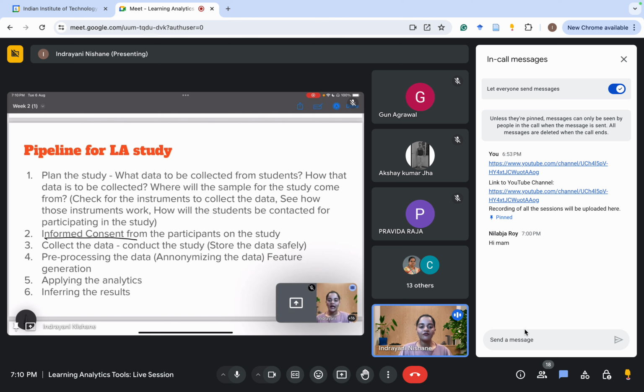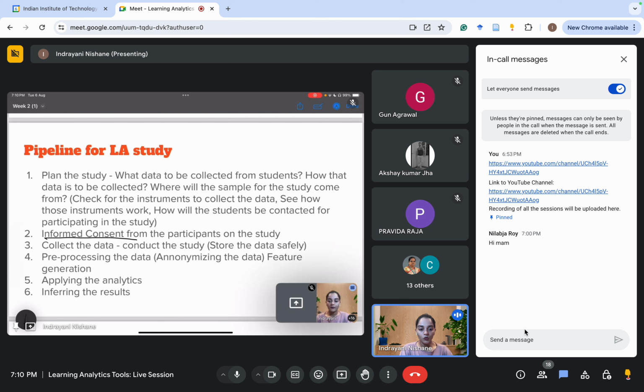And what we mean by informed consent is you need to inform your participants about the nature of the study, what data you want to collect, how you plan to do that, all the minor details about your study. I'll give you an example of my PhD study. For my thesis work, we have a computer-based learning environment called PyGuru, which is developed to teach the Python programming language.